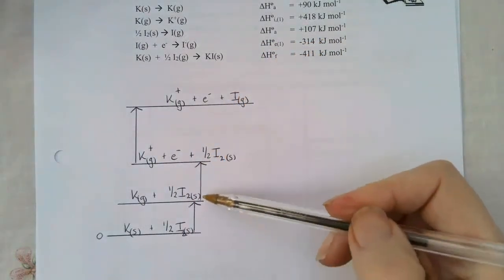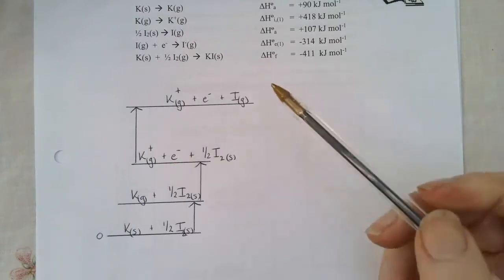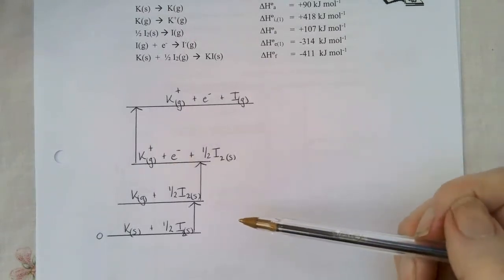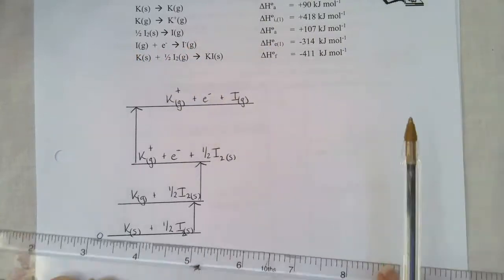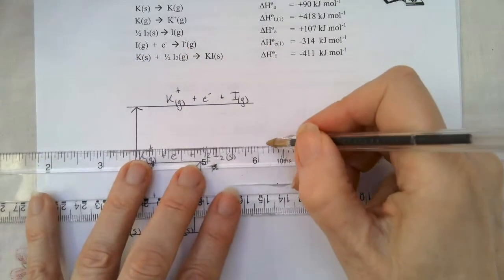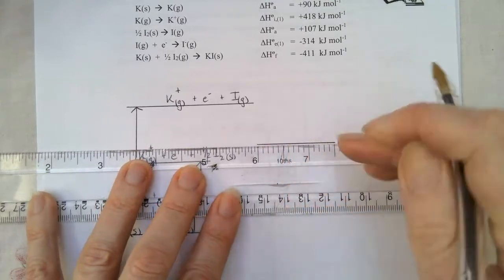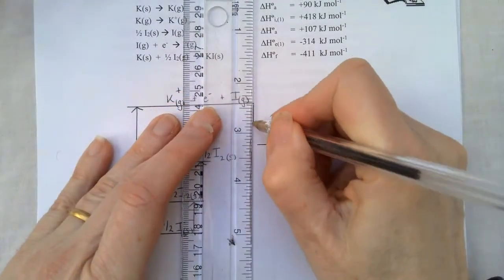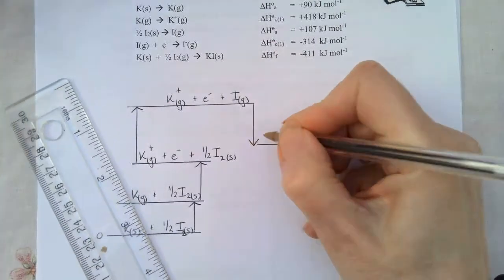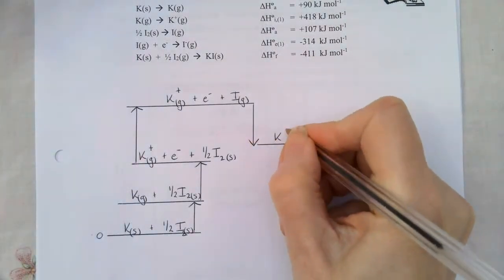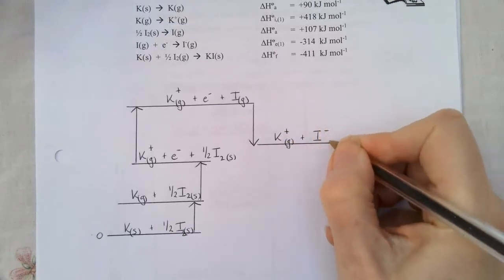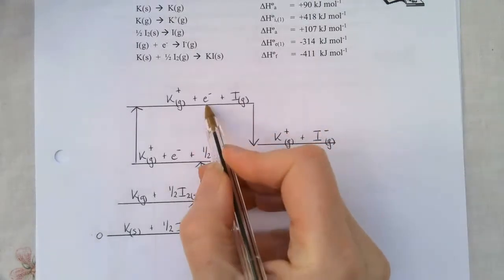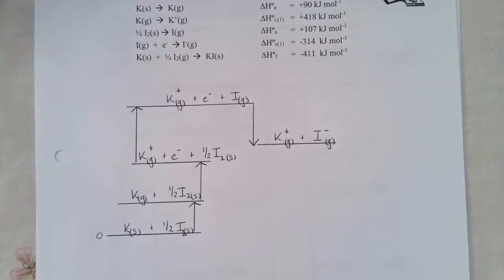So far all these reactions have been endothermic, but now I'm doing the electron affinity of iodine, and if you notice from the data, iodine is a negative value, so I need to come down the page because it is an exothermic reaction. And I'm going to go to potassium gaseous, and iodine has now become iodide. That electron has been transferred onto that iodine.